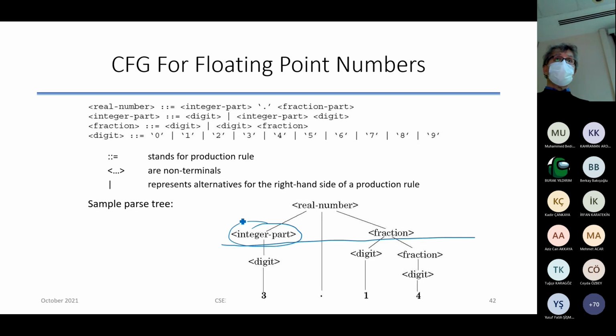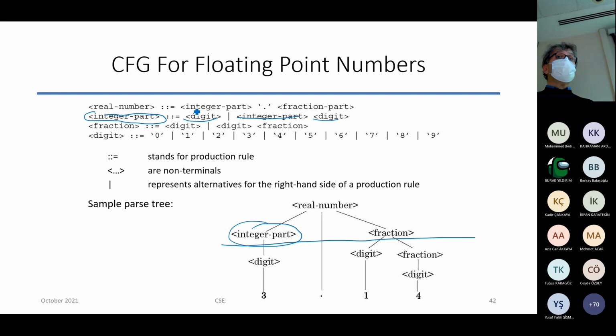You are saying that integer part... I'm looking at this integer part. Now I'm going to say, okay, which rule can I use to further derive this so that I reach two terminals at my children? There are two possibilities. Either integer part goes to digit, or integer part goes to integer part and digit. So I can try both of them.